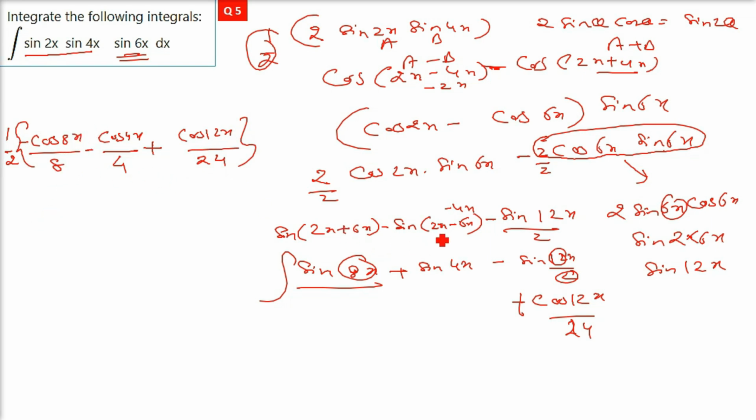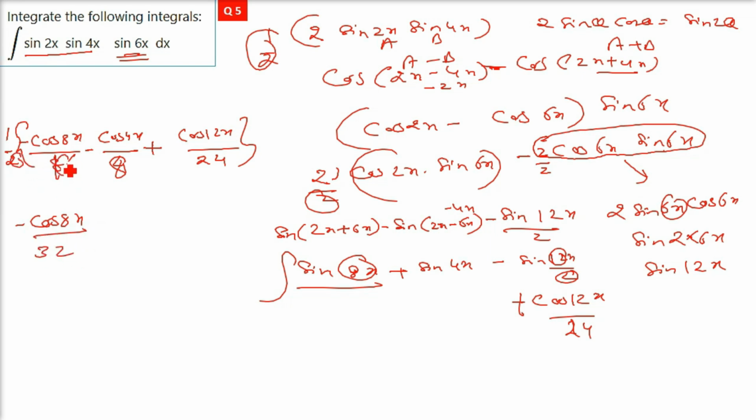So what do you get? The result will be, this 2 was already there as I told you, so 8 to 16 first. I'm including this now, because cos 2x sine 6x becomes 2 cos 2x sine 6x only when we introduce 2. So 16 and 8 is there. And since we already utilized this 2 for sine 12x cos 12x, it is 24.